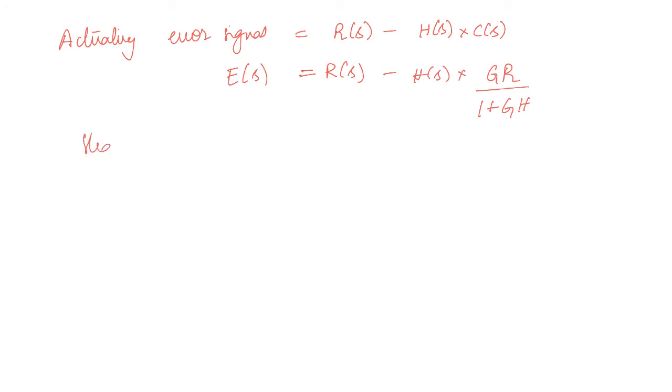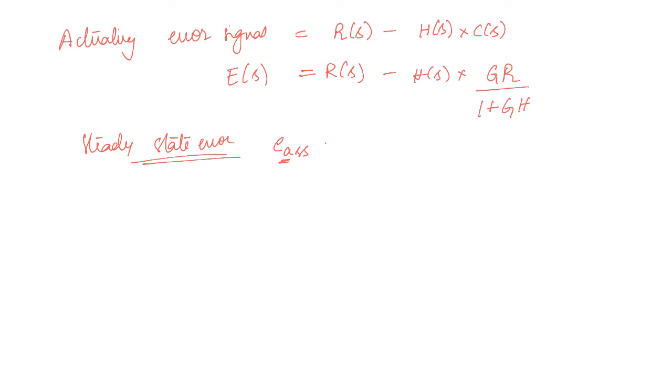The steady state error will be, so this is the steady state actuating error. We will differentiate it a little by adding A in the subscript.